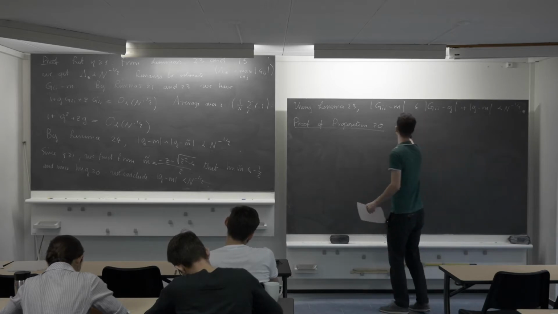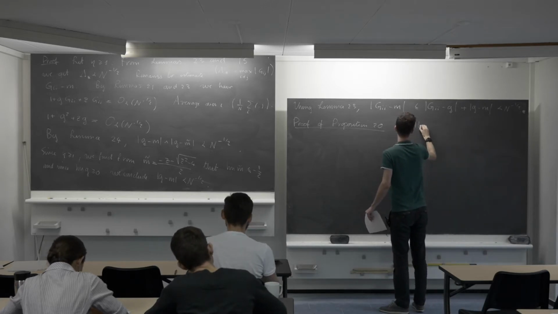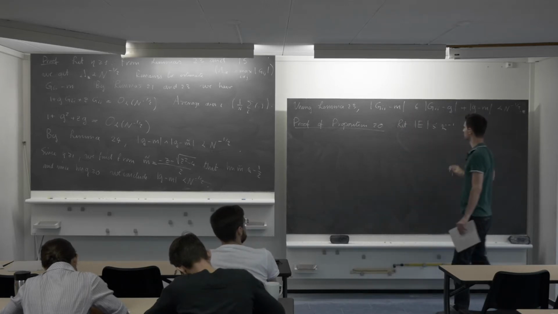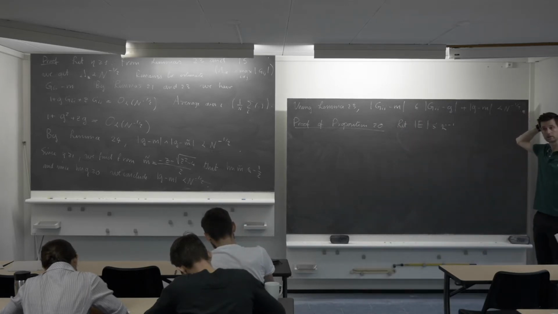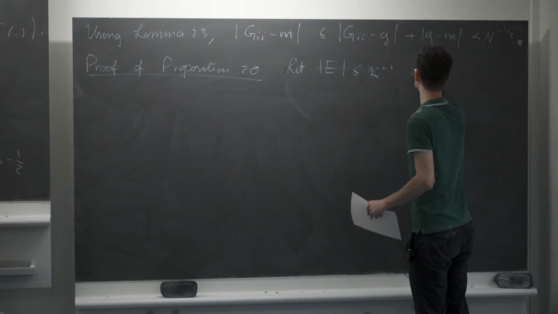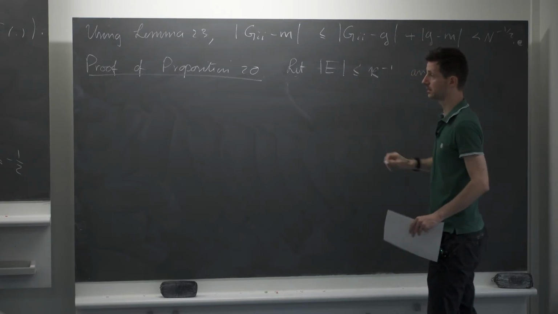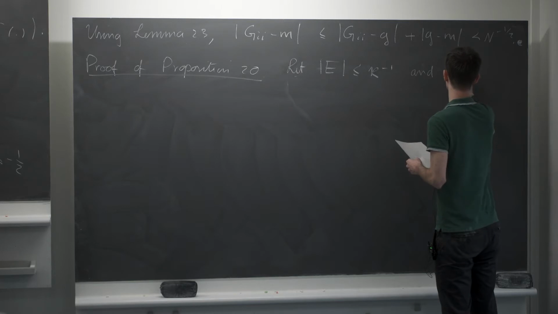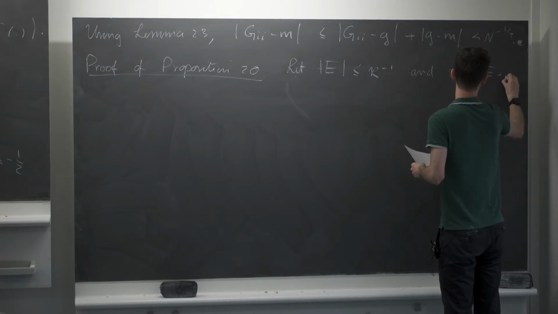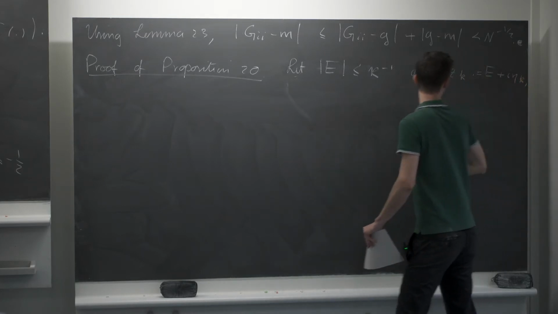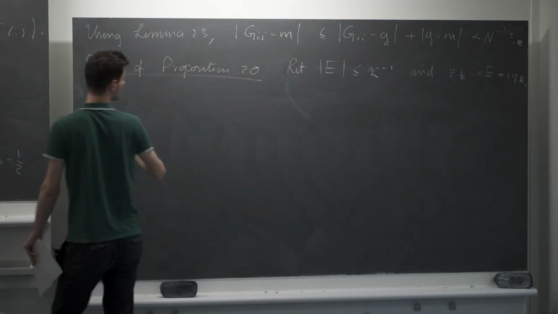So I will fix an E which is in the allowed region of the real parts, and I will define these ZKs as I had before. Yes?